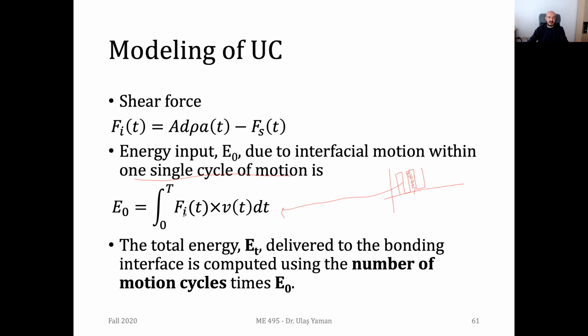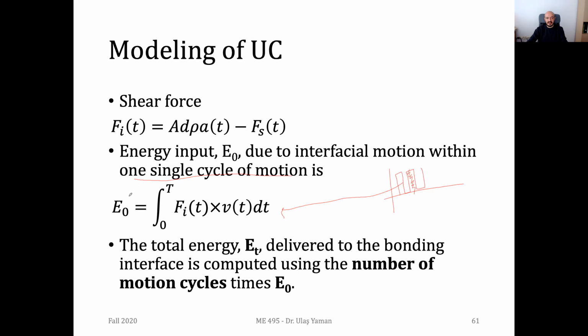We can calculate it by taking the integral of the shear force multiplied by the velocity of our sonotrode, since that gives you the power, and if you integrate it, you will obtain the energy transferred to the sheet metal interface.